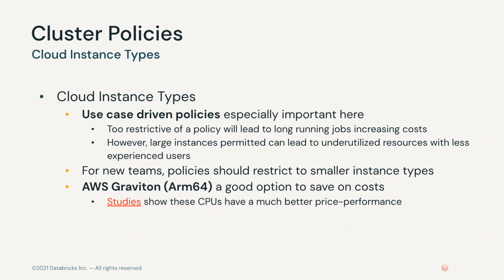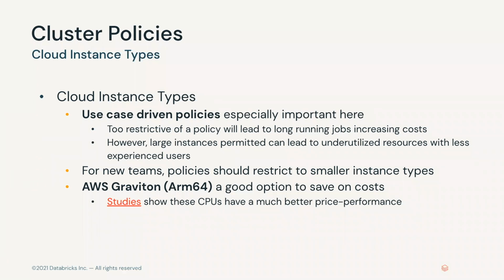And it's good to understand the use cases that those end users will be running on top of these instance types so that we can provide the right restrictions, but also the right flexibility in those cluster policies so that they have access to the right VMs that they can use within their clusters.